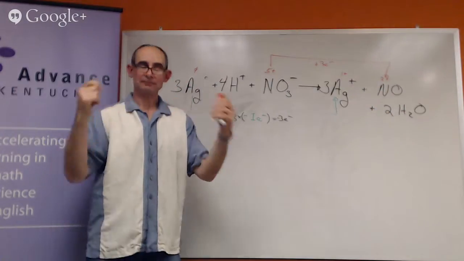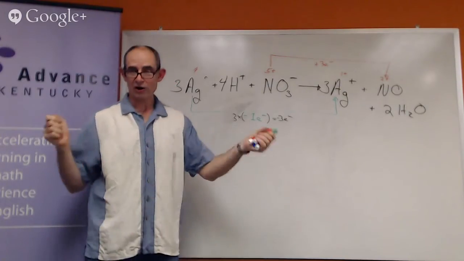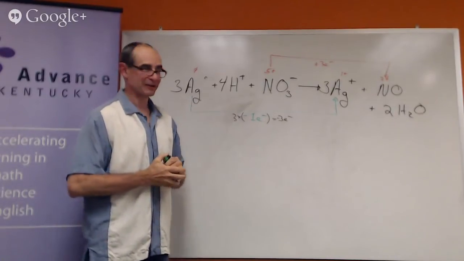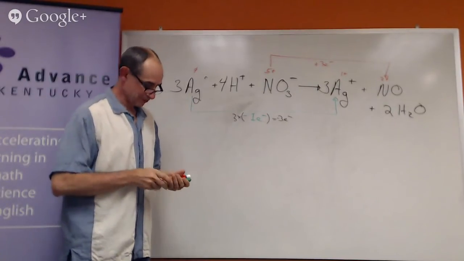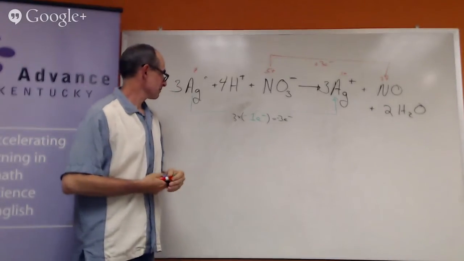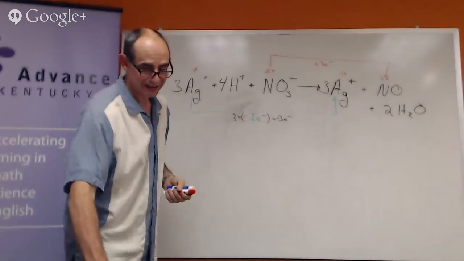So we have the same charge on both sides of that equation, and that gives a good hint that we've done something right. If you want to practice this at home, try a reaction of copper metal with nitric acid, and you'll recognize when you get it right.